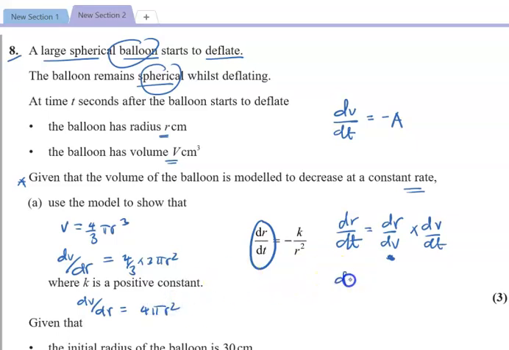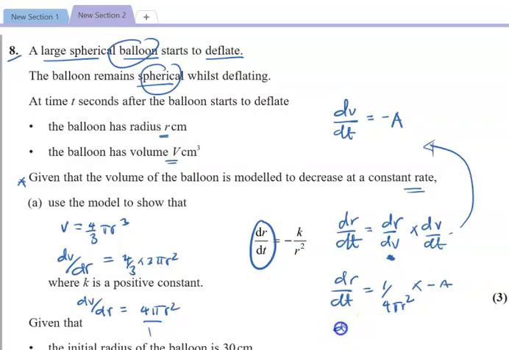So dr/dt is equal to dr/dV, which is the reciprocal of this, so you flip it. So 1 over 4 pi r squared multiplied by dV/dt, which is a constant. What is the constant rate? Negative a.